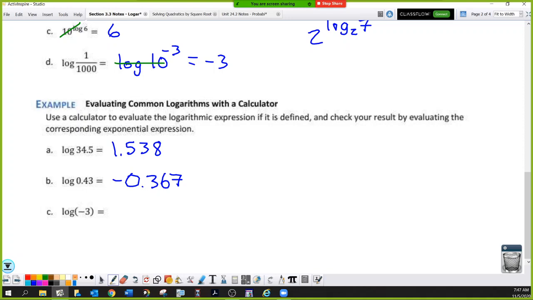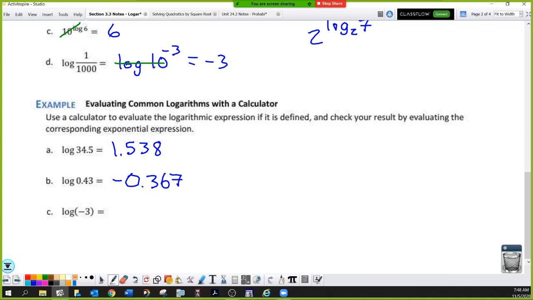When you do log of -3, it says error. Wait, log of -3 says error? I wonder why that happened. You can't take a log of a negative number, because that's imaginary. Yeah, you see, the log of a negative number is imaginary. It's complex, but why? Remember, log says log base 10. So you just ask your calculator, positive number 10 raised to what power gives me a negative value?